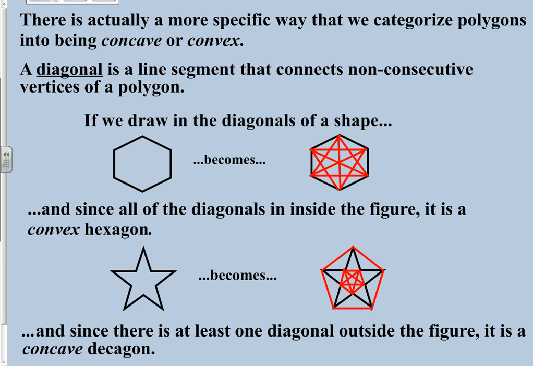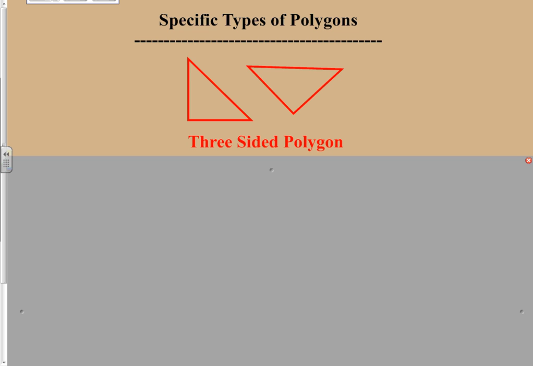Okay, let's move on. Let's look at the basic categories as far as the numbers of sides of the polygon. Going to go quickly through this because I think you're familiar with the majority of these. Okay, first off, we've already talked about our three-sided polygon. Three-sided polygon, obviously, is our triangle. Okay, no mystery there. We are going to spend a good bit of time this year talking about these next guys.